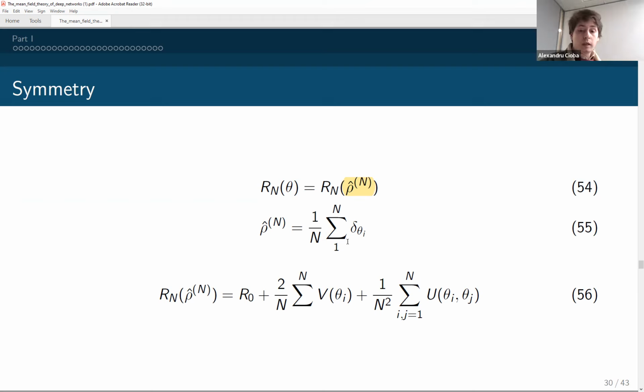Viewing it this way, you can also decompose it as a constant plus a sum of first and second order terms. This expression is going to become important for describing the proposed asymptotic limit of the risk as we move along.